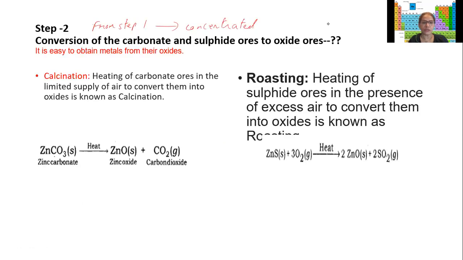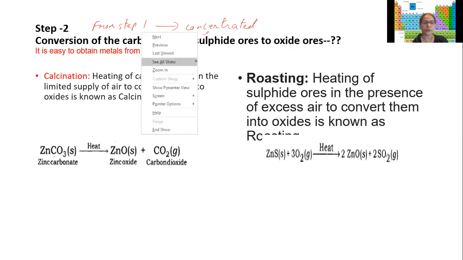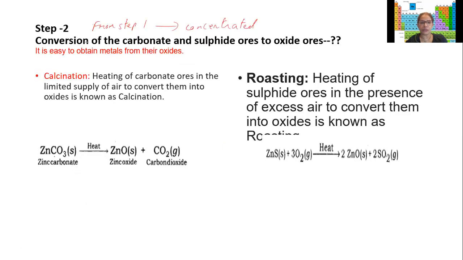The concentrated ore is ore which does not have any impurities. So next, what do we do? Now comes the conversion method: conversion of carbonate and sulfide ores to their oxide ores.